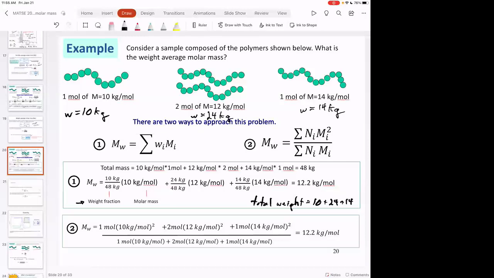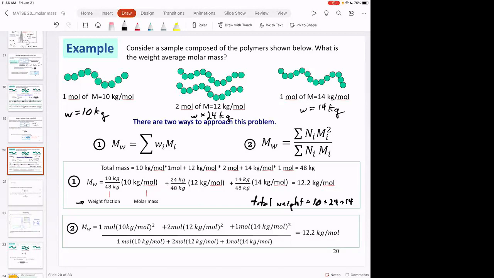That equals 48, I hope. And so you have the total weight, so you can calculate the weight fraction. The weight of this divided by the total times its molecular weight. The weight of this divided by the total times its molecular weight. And I take that weighted average and I get Mw right there.